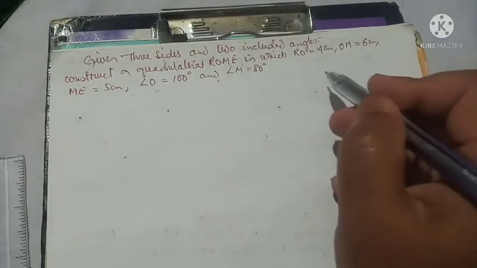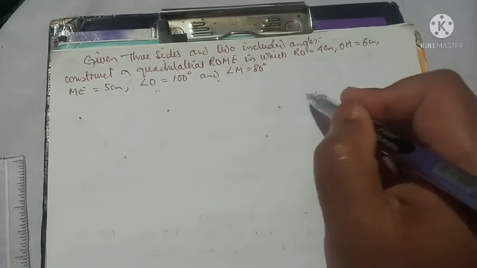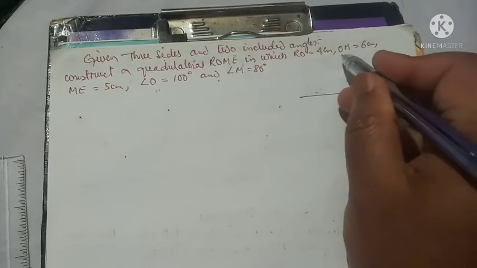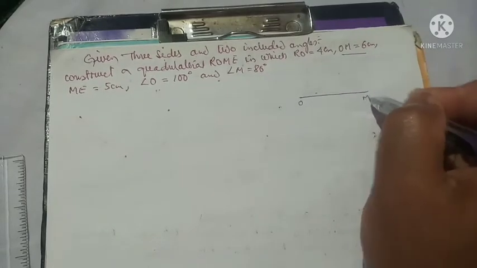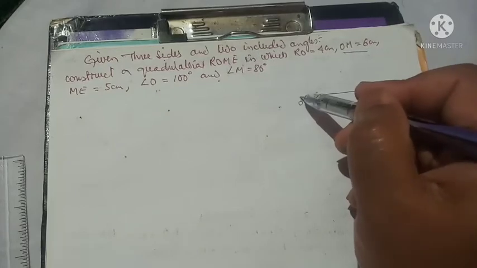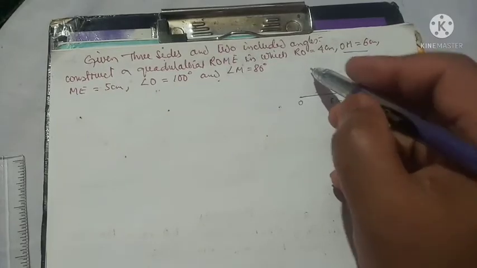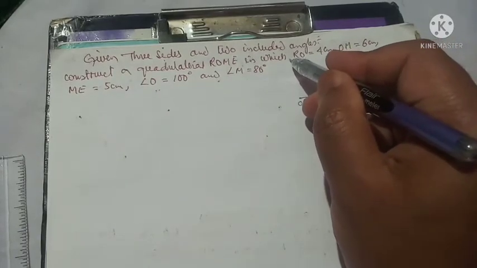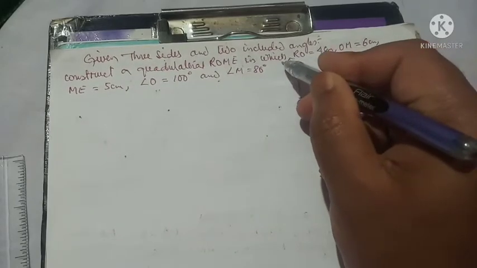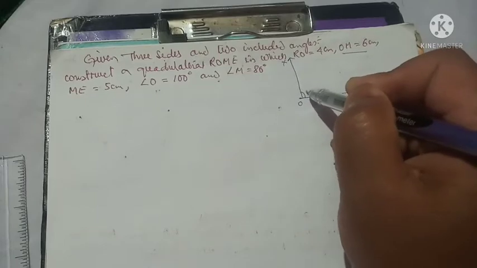So for this, we have to draw one line segment here, that is OM, that is 6 centimeter. And from the center O, we construct an angle by using the protractor. We draw a ray, this is X. This is 100 degree.